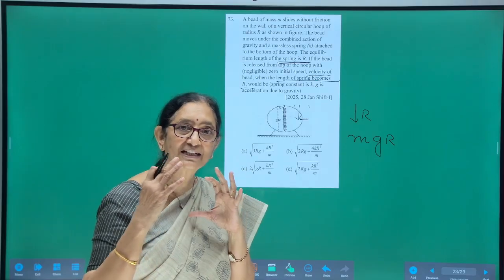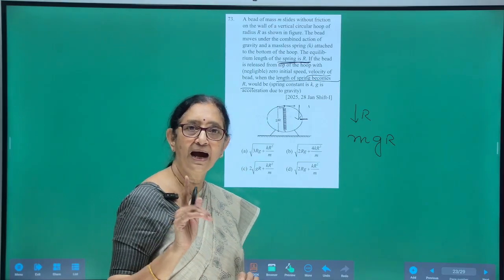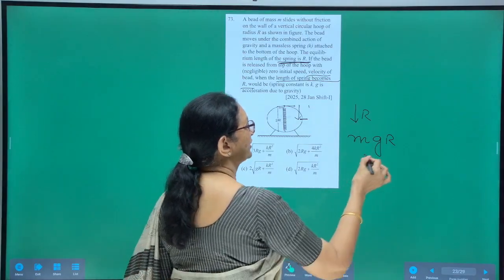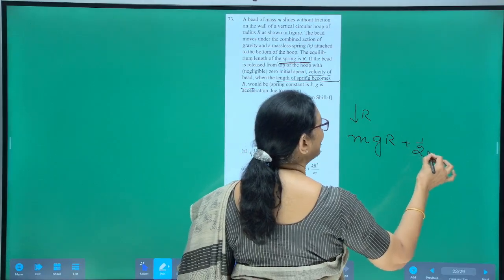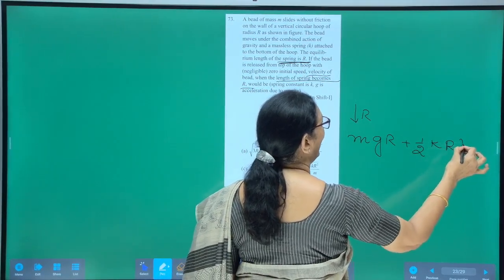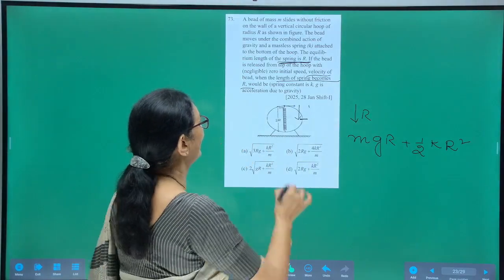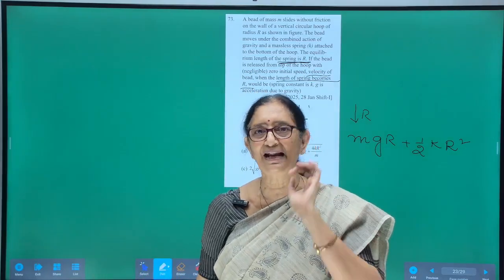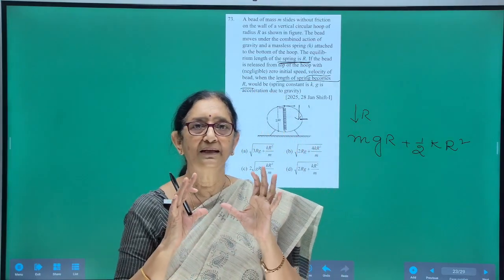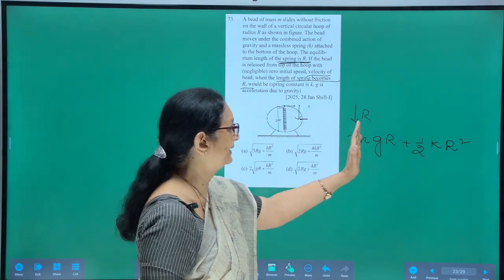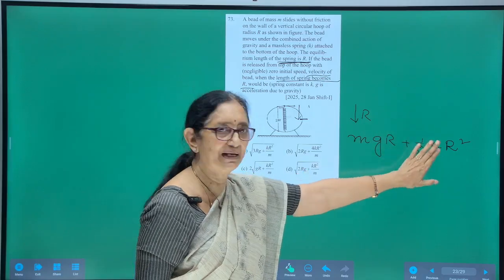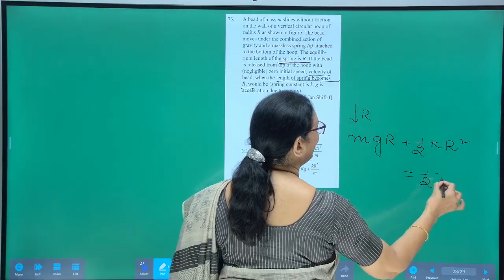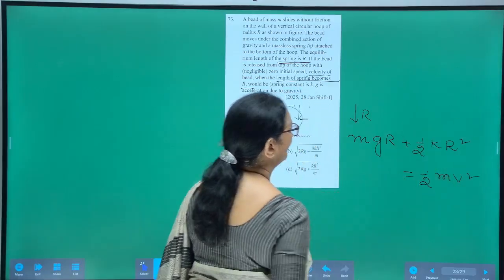So, the extension is R, 2R minus R. The potential energy stored in the extended spring is half kR square. As the spring goes from length 2R to natural length R, the lost gravitational potential energy plus lost spring energy is converted into the kinetic energy of the bead.